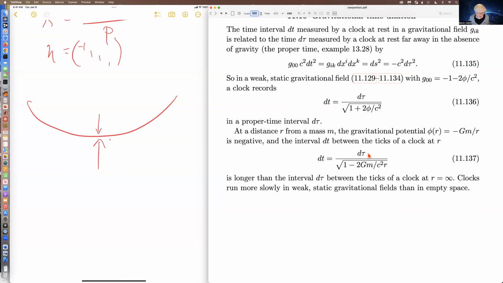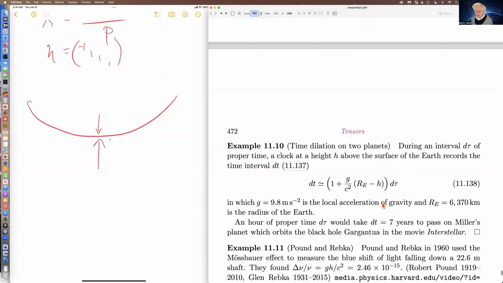And in fact, if the field is really strong, it can be an enormous difference. And so the time between ticks is how quickly time is passing. And so if the time between ticks is long, that means time is passing very slowly. And so that's what is going on here.